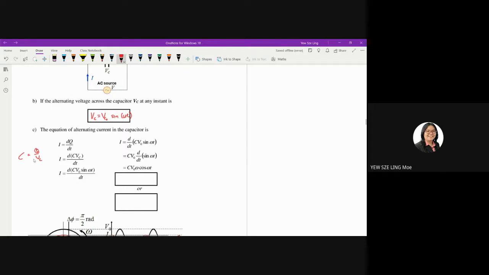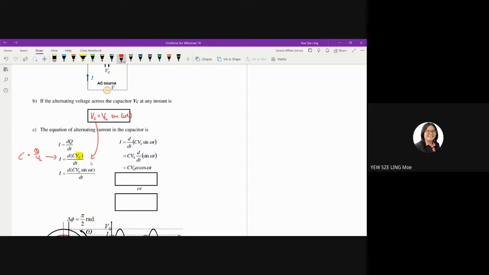C equals Q over VC. Why do we want to substitute this into the equation? Because we want to make sure our equation comes with a VC. If there is no VC, we cannot derive. So I equals d(C VC) over dt. Therefore, we can plug this equation into here.